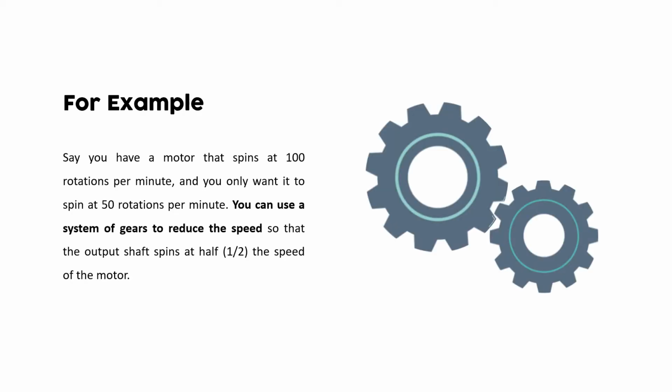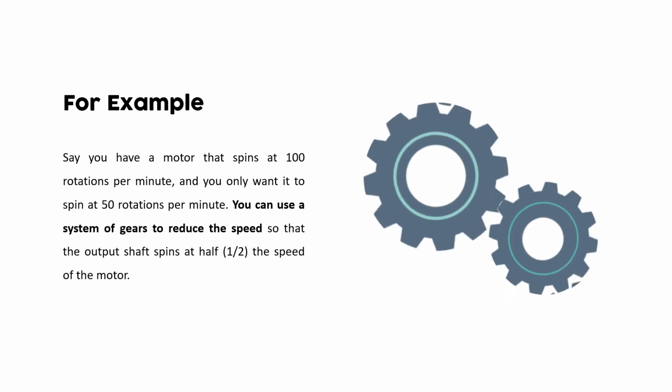For example, say you have a motor that spins at 100 rotations per minute, and you only want it to spin at 50 rotations per minute. You can use a system of gears to reduce the speed so that the output shaft spins at half the speed of the motor.